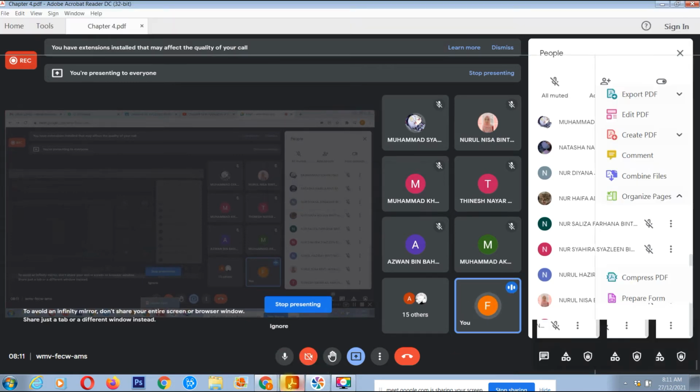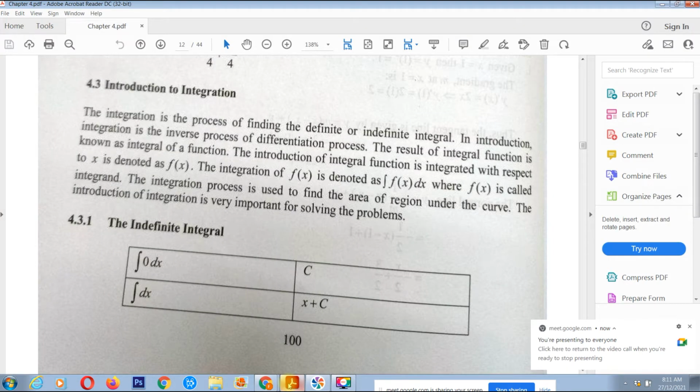We go to integration. When we have differentiation, we have the opposite operation, integration. If we have addition, we have subtraction. If we have multiplication, we have division.